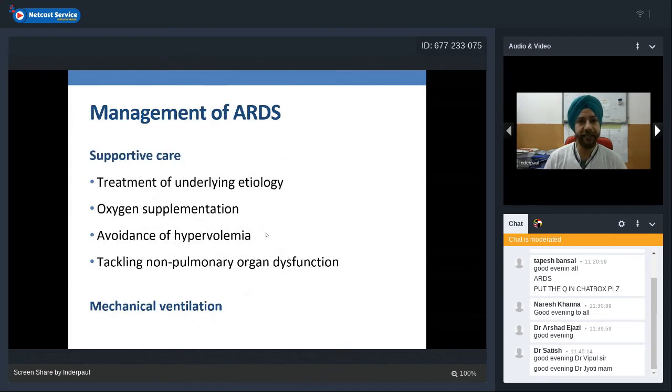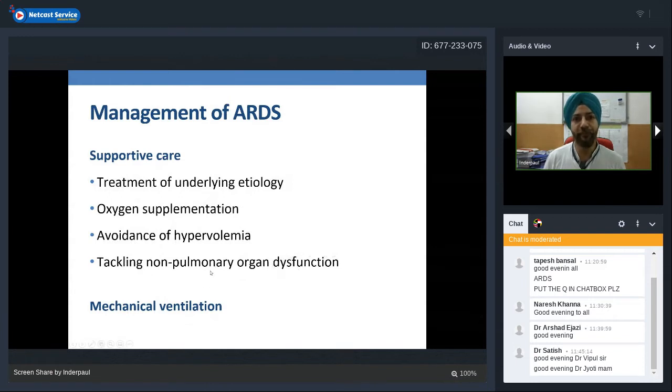So like I said, the management of ARDS is primarily supportive. The main issue is that you need to take care of the underlying etiology and try to buy time till it resolves by giving oxygen supplementation, using restrictive fluids, and tackling non-pulmonary organ dysfunction.